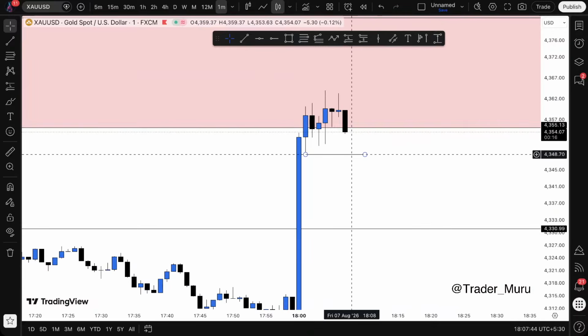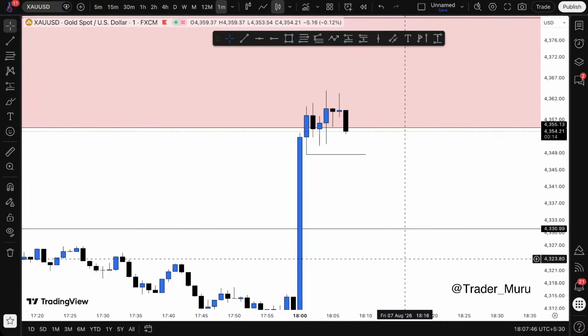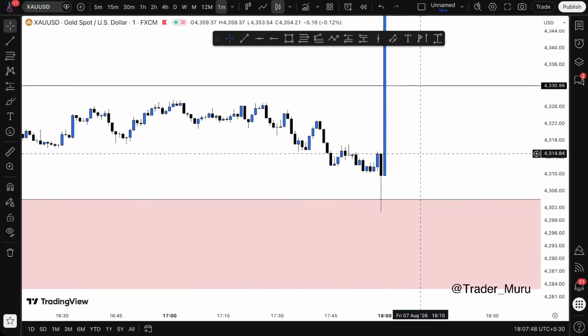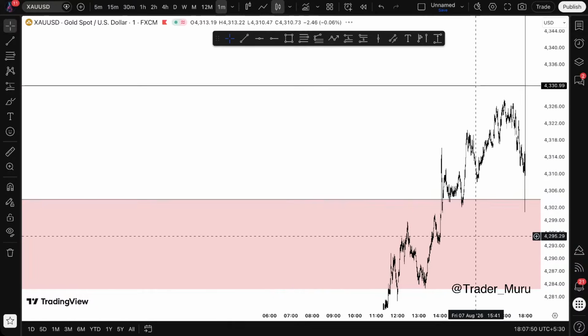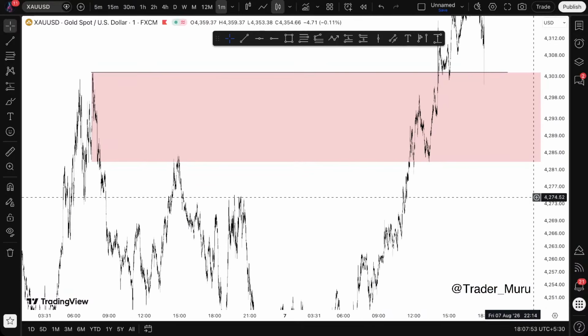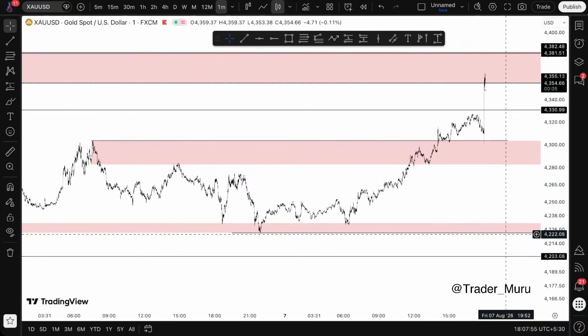This low break, you can short it. Your first target will be 43. Second target will be 14. And third will be yesterday's low.